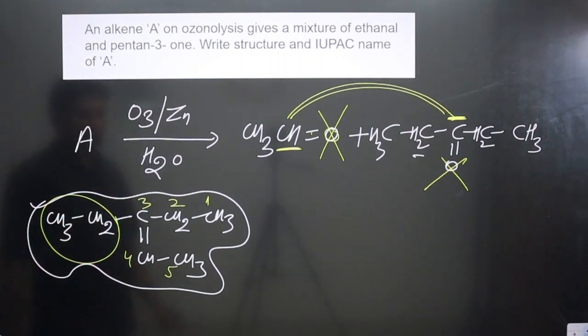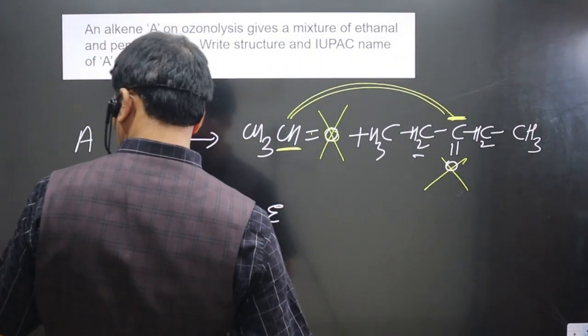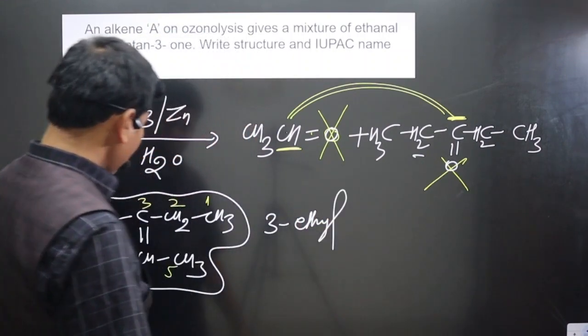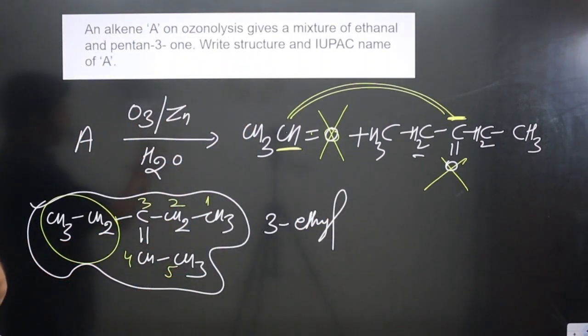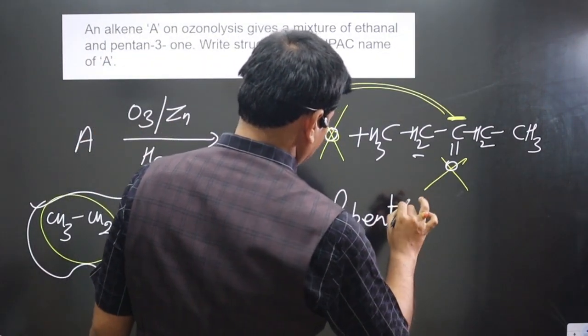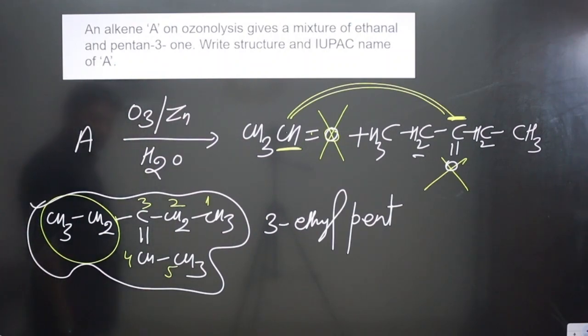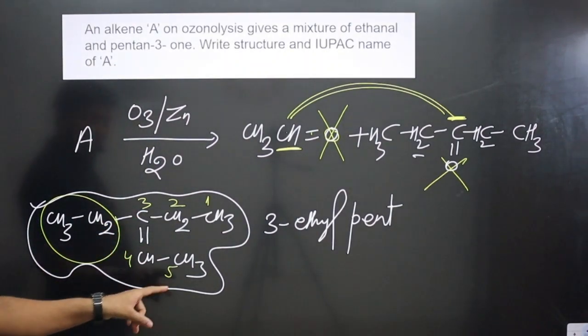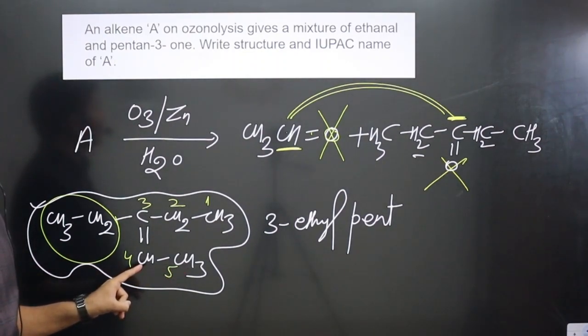So we can say 3-ethyl. In the parent chain, how many carbons are there? 5 carbons. We can mention pent. And where is the position of the double bond? The third carbon. Wait, if I do the numbering from this side, we can give the minimum number.